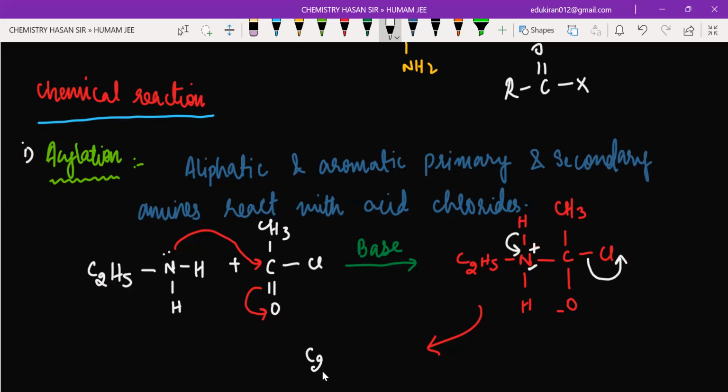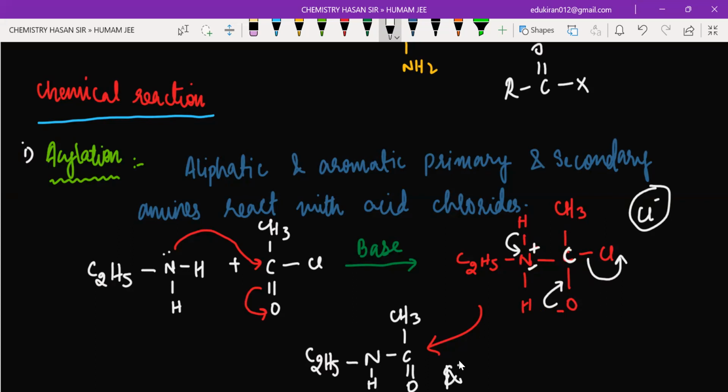So what will be the product that we will get? C2H5NH is there and then CCH3 is there. When chlorine leaves the carbon with carbon's electron, basically in the form of Cl minus, the negative charge again comes into a double bond and it becomes an amide. And its name is N-ethyl ethanamide.